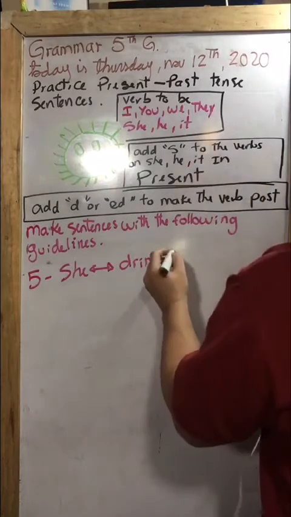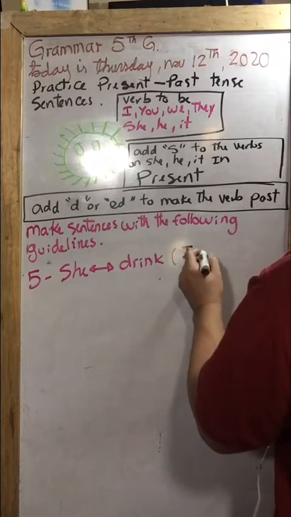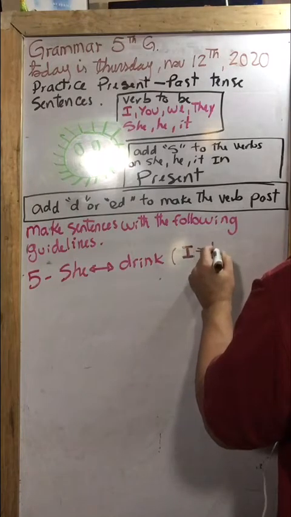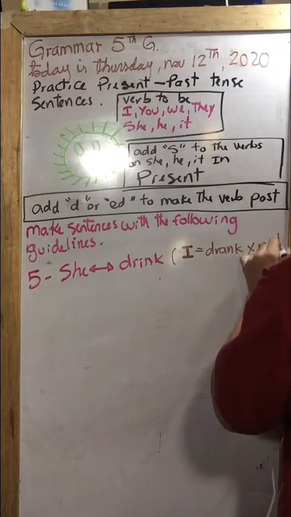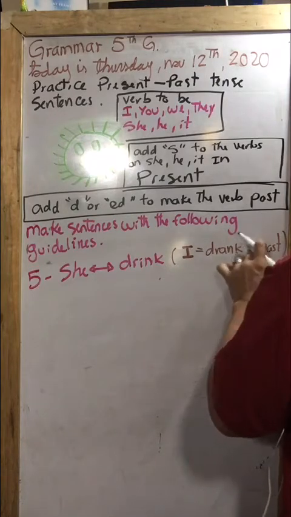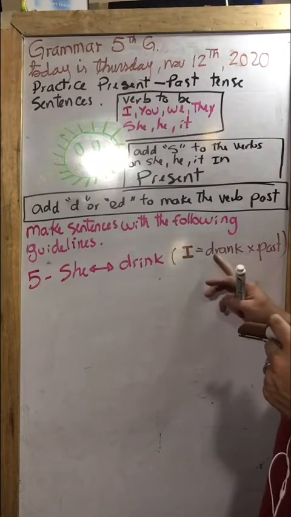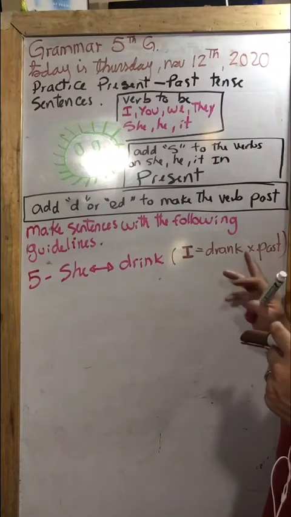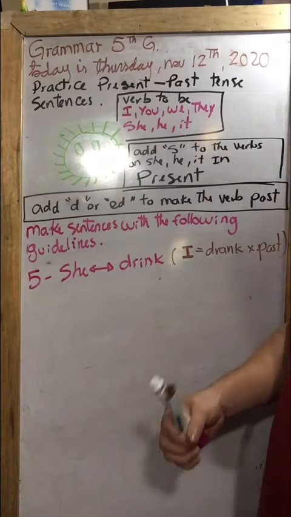So for the past form, we are gonna write an I for irregular, and it's equal to drank for past, okay? The past form.